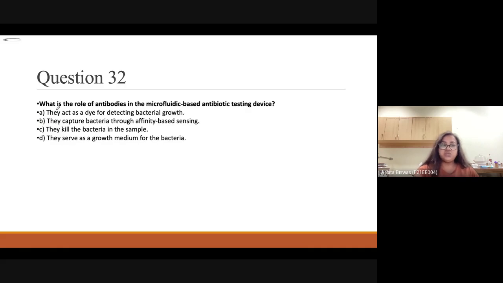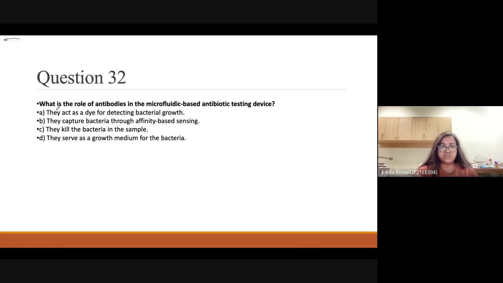Okay. So next, moving to question number 32. What is the role of antibodies in the microfluidic-based antibiotics testing device? So the first option is they act as a dye for detecting the bacterial growth. The second option is they capture the bacteria through affinity-based sensing. The third option is they kill the bacteria in the samples.